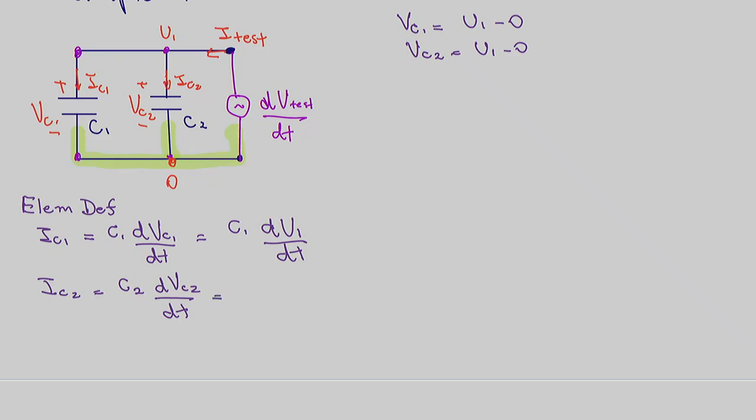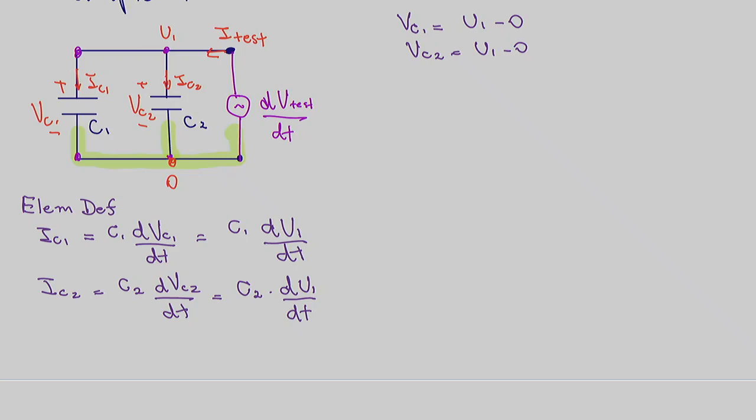That means that I can write the current for capacitor 2 as equal to C2 times dU1 dt. Just substituting. Oh, dU1, sorry. There is no U2. Makes sense? All right. Now we have current represented in terms of constants and our unknown, which is potential 1. Let me fix this, dU1 dt.